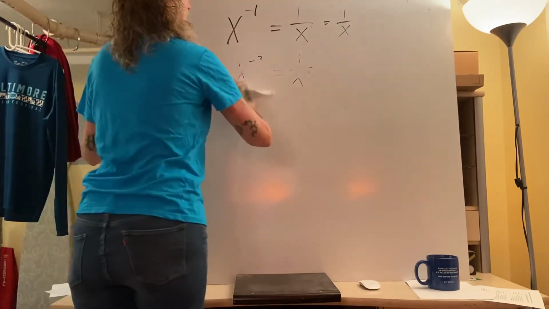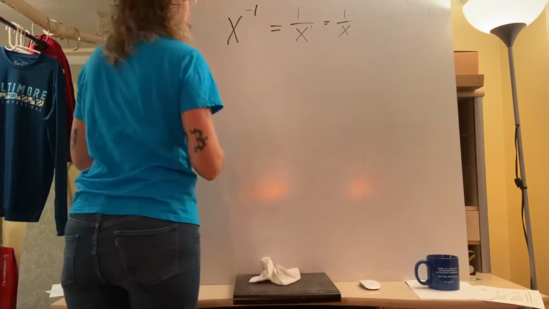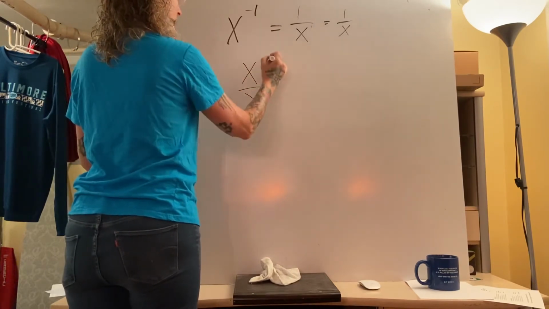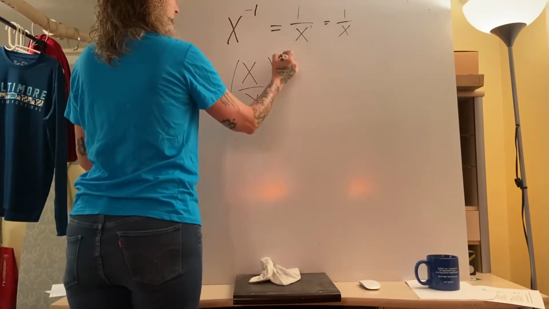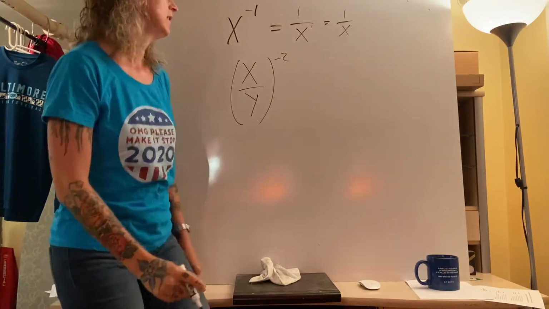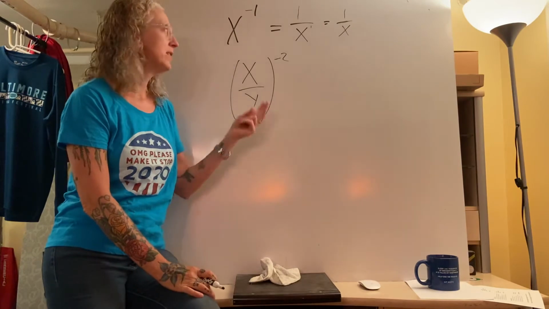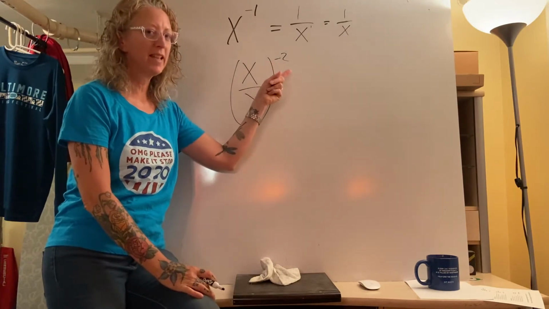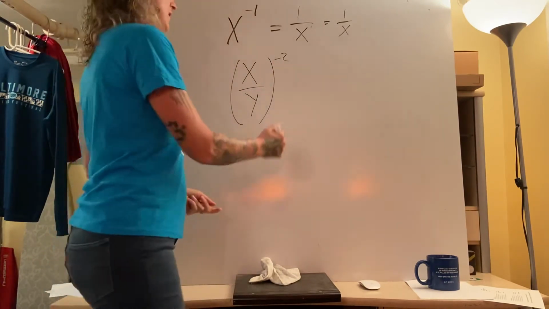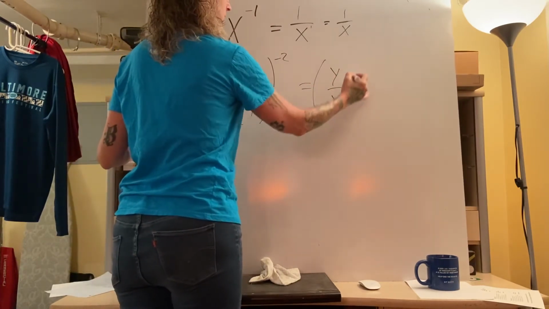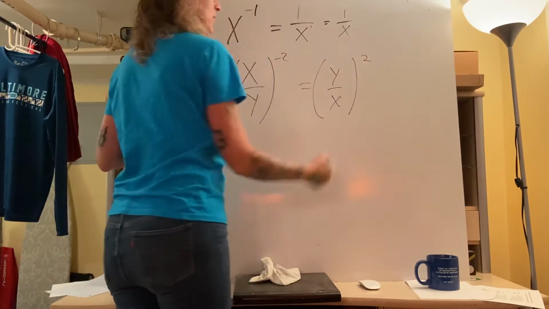The same thing goes for if you have x over y to the negative 2. That's different, but it's the same. So I always tell people, flip it first and then deal with the number, okay? So this, I would first do y over x, and then I would deal with the 2.